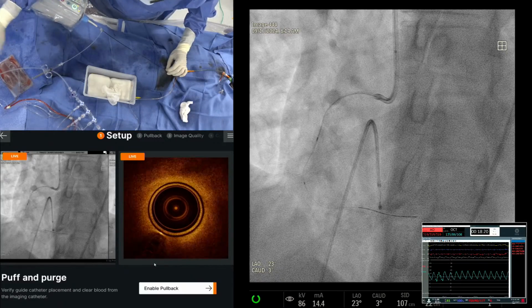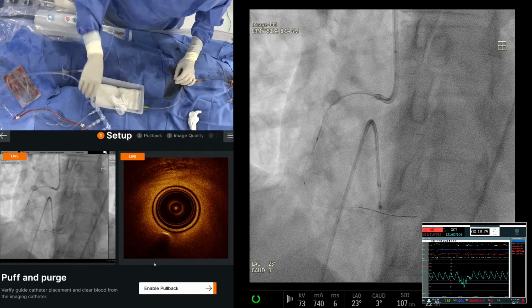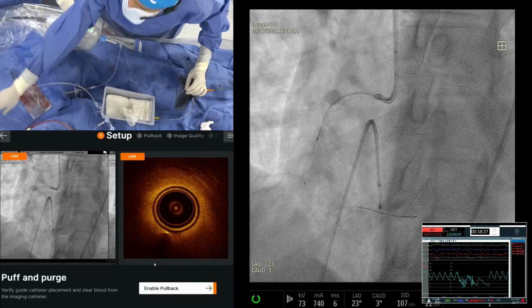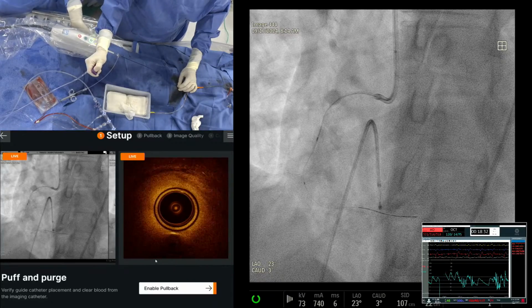Any time you have a creatinine elevation of more than 0.5, NCDR gives you the report card showing where you are compared to the rest of the country.